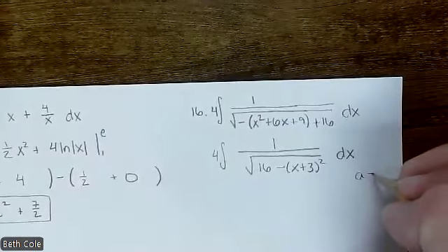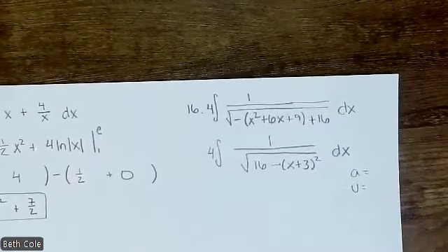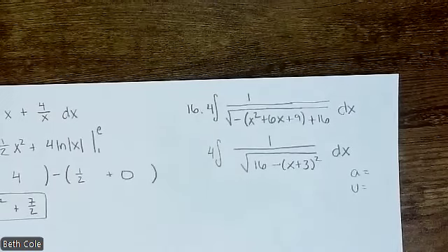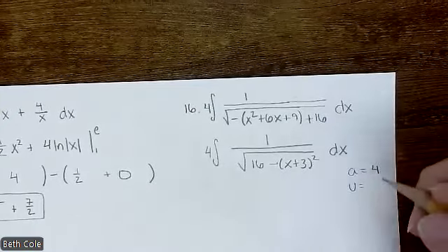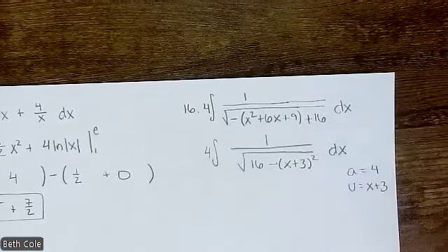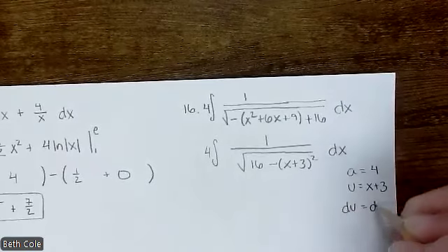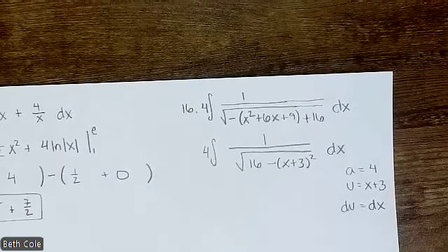So off to the side, a is going to be a number. u is going to be a variable. So what is a for this one? 4, good. 4 squared is 16. u is x plus 3. And that derivative is just 1, so du is just dx. But the point is, we know it's arc sine.